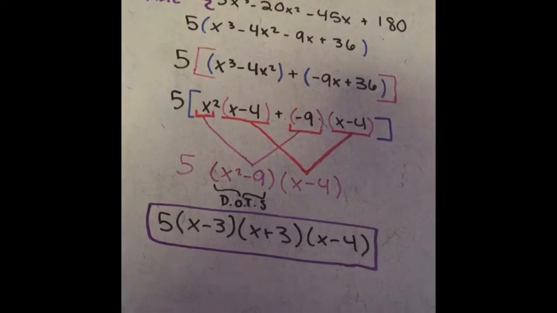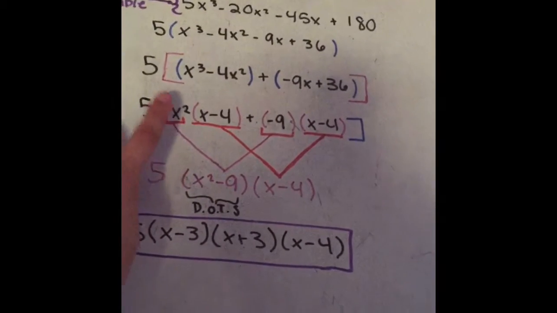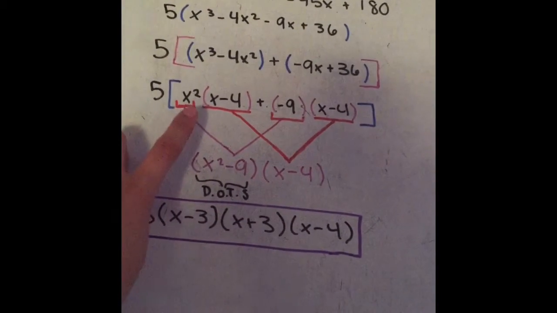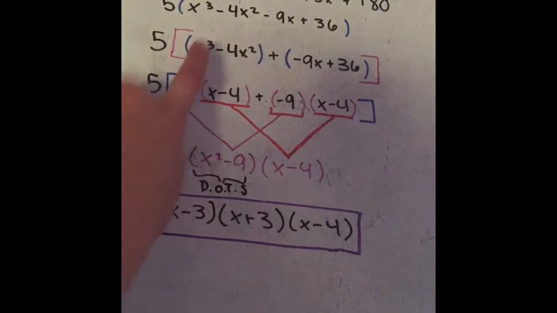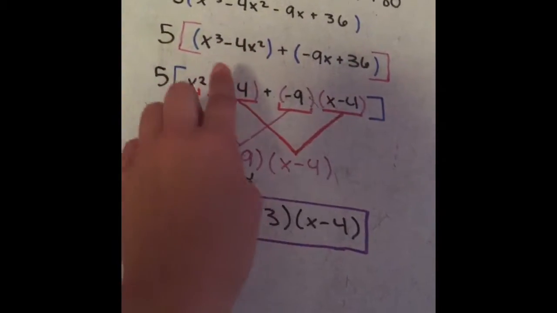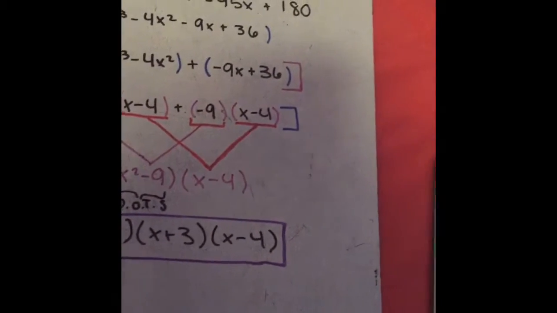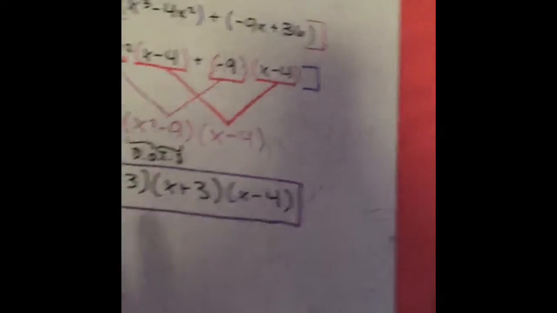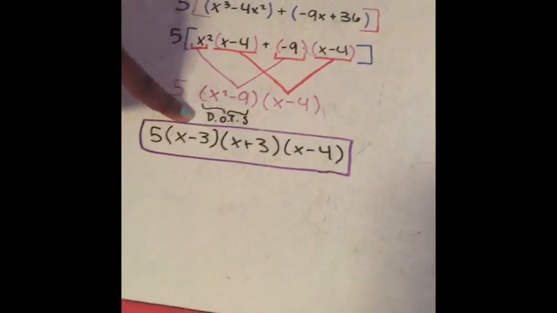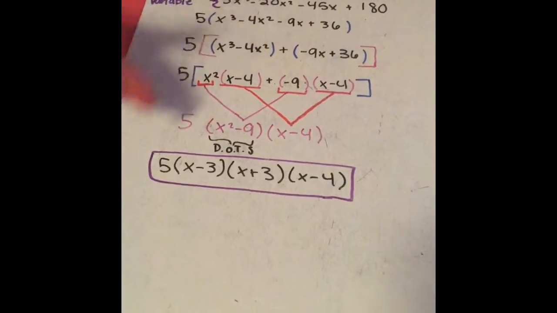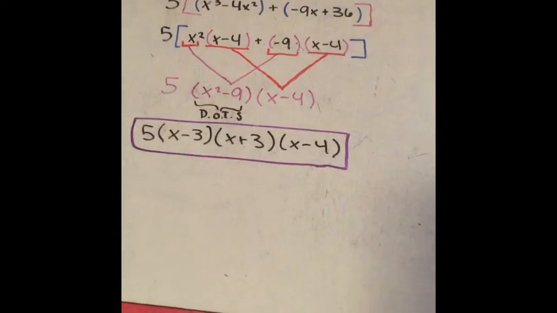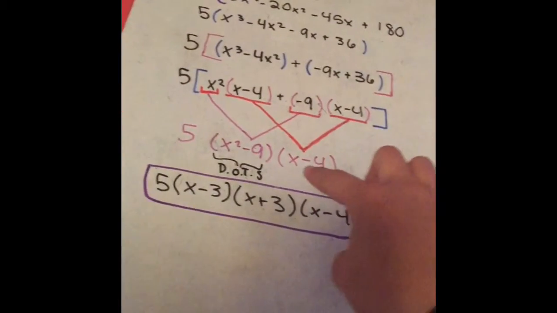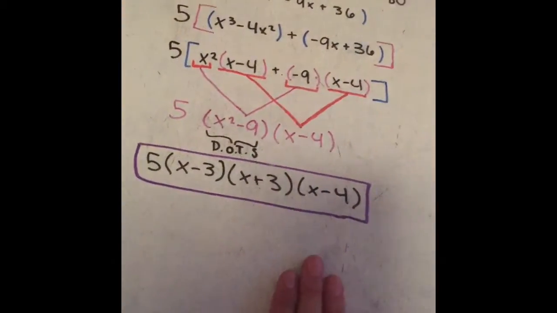You bring the rest down when you divide everything, and then you put brackets around it when you separate it, because you take something out of these two expressions. And then you connect these two, and you bring the rest down. Once you bring the rest down, you will use the difference of 2 squares. And once you use that, you get your equation. The reason why we use difference of 2 squares is because it's factored out completely.